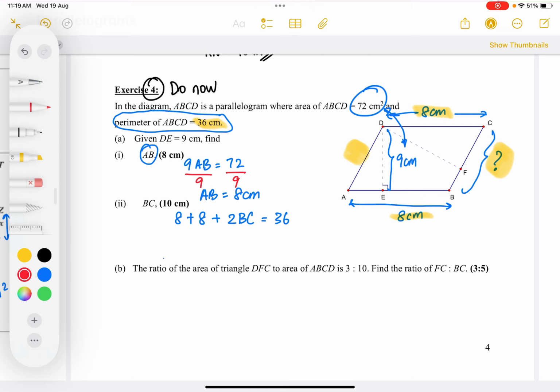So let us get rid of the 2 8s. How do we do that? We simply subtract 16 on the left hand side. You subtract 16 on the right hand side, to be fair. We're left with now 2BC equals 20. We want to get rid of the 2 in front, so we divide it away by 2. And finally, BC must be 10 cm.